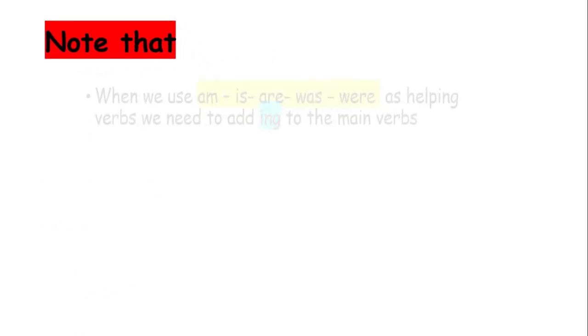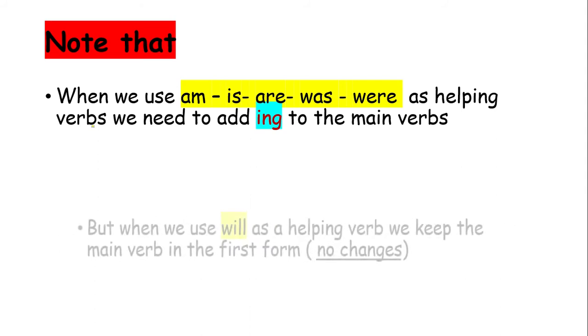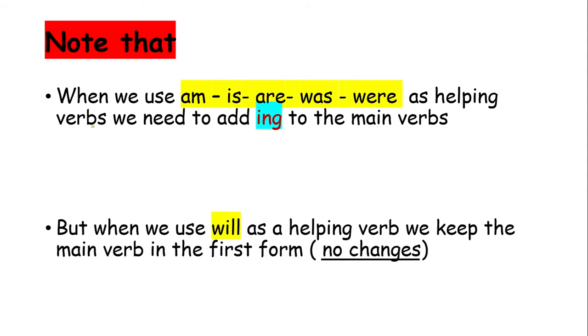So note that when we use am, is, are, or was and were in a sentence as helping verbs, we need to add ing to the main verbs. But when we use will as a helping verb, we keep the main verb in the first form. This means no changes.